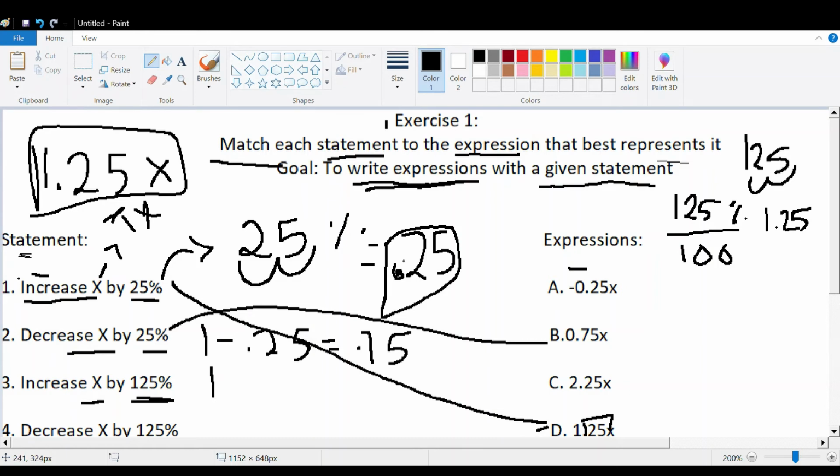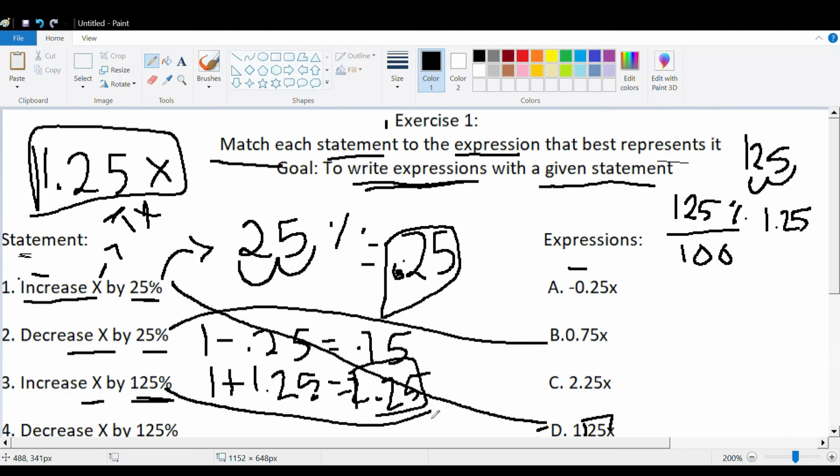Again, we're going to add 1 to 1.25, and that leaves us with 2.25. 2.25 is what we get when we increase the value, but by 125%. And that matches up with C. So we can say that 3 matches up with C.